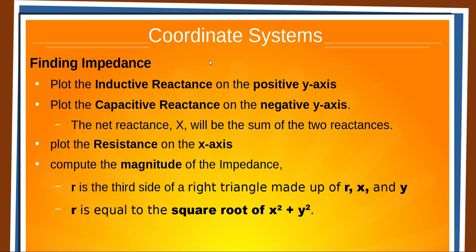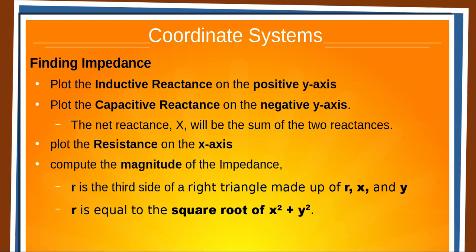To find impedance, we plot the inductive reactance on the y-axis, the positive side. We plot the capacitive reactance on the negative side. And then we plot the resistance on the x-axis, and we find out where that point is.